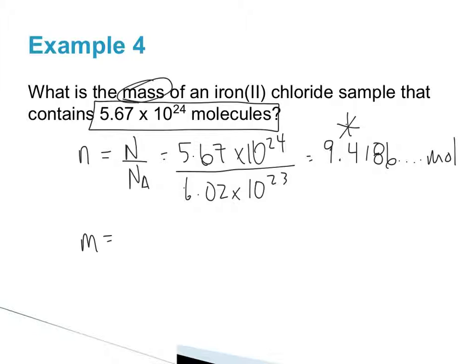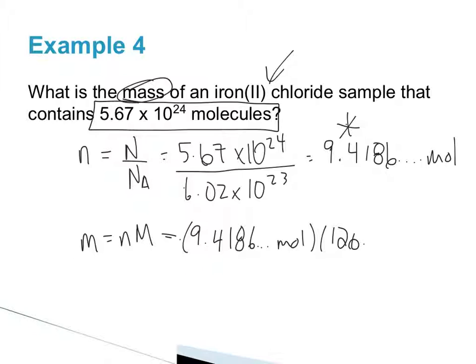Instead, what we want to do is find the mass, and the mass we know is the moles times the molar mass. So we're going to use our big long number here, 9.4186, so on, moles, multiplied by our molar mass of iron 2 chloride, which we know from the last problem was 126.75 grams per mole. And that is going to give us 1,193.8 grams.